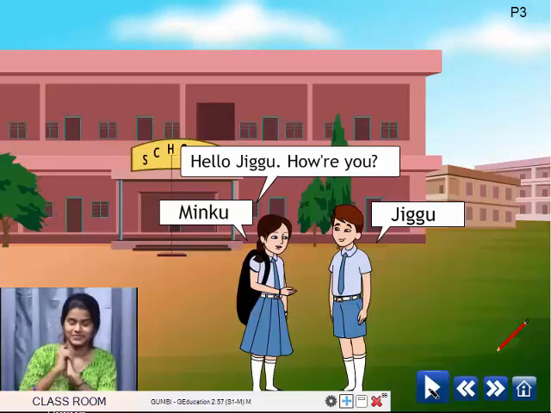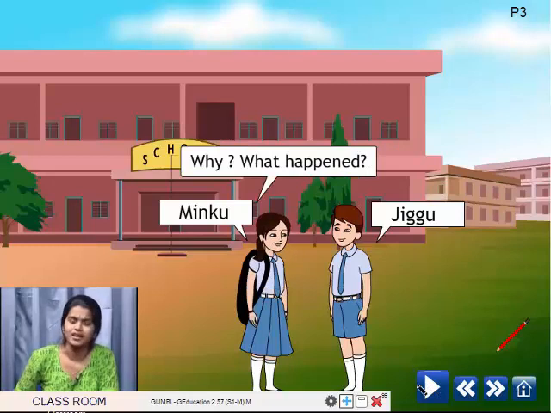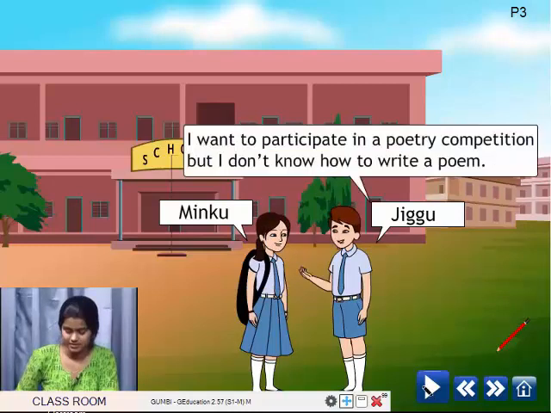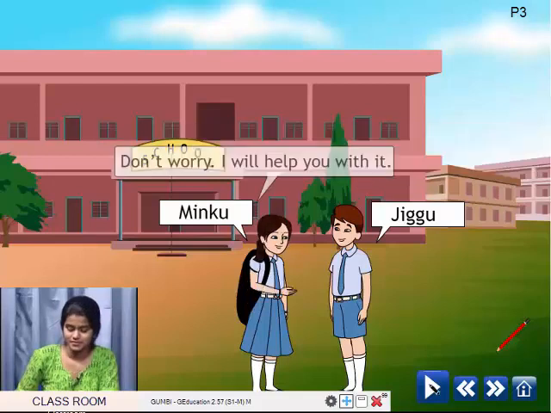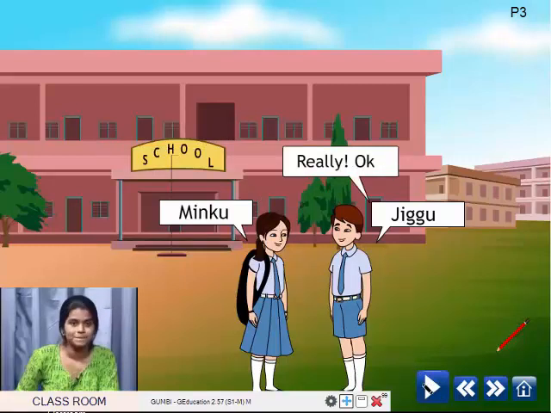I take the role of Minku. And I take the role of Jigu. Hello Jigu, how are you? Oh, hello Minku. I'm not fine. Hey, why? What happened? Oh, I'm in trouble. I want to participate in a poetry competition, but I don't know how to write a poem. Oh, don't worry. I'll help you with it.